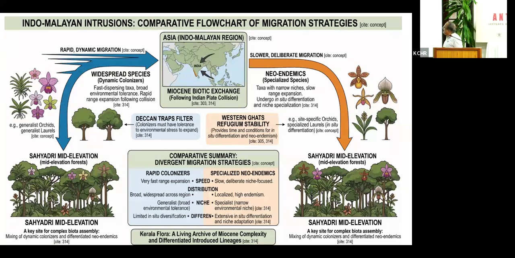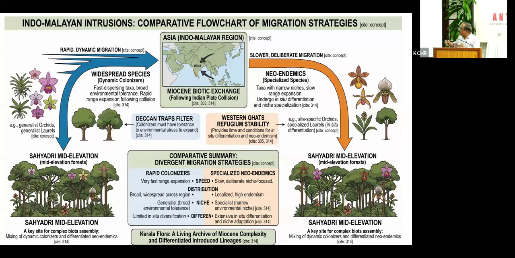Another major set of events that happened to the flora: the whole series of events in the Miocene created some generalized species with very high niche plasticity, widely distributed.